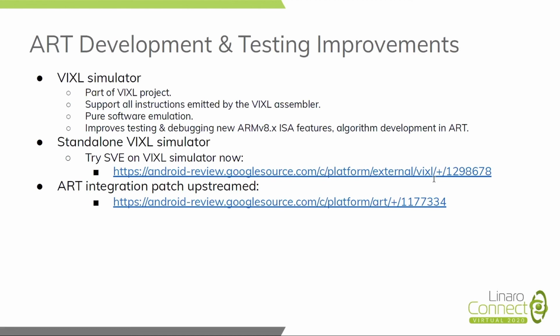We use the standalone simulator in developing and testing our new architectural features like SVE, FP16, etc. And we also developed a patch to integrate the VIXL simulator in ART, so that many ART test cases can be tested directly on the VIXL simulator.